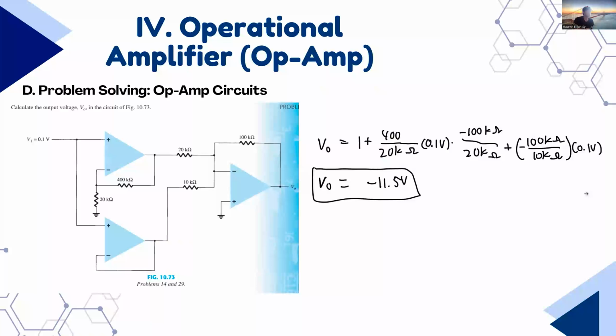So let's try to solve a problem with an op-amp. Problem solving: calculate the output voltage VO in the circuit here. If you isolate this part, this is basically an inverting amplifier.